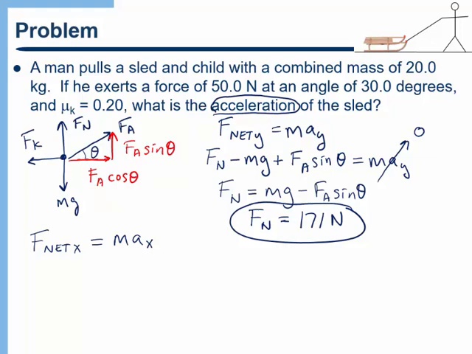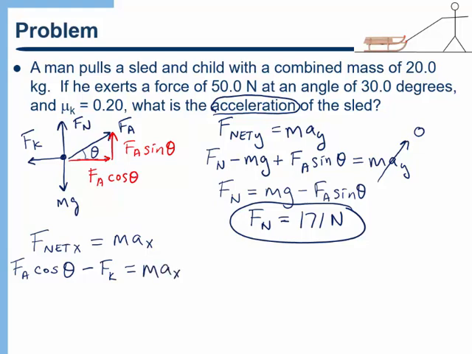Next step, write down what the net force is. In this case, I can see I have the component of Fa in the x direction, so the horizontal component. And then I have the force of friction acting in the opposite direction. So Fa cosine theta minus Fk, that's got to equal m a x.